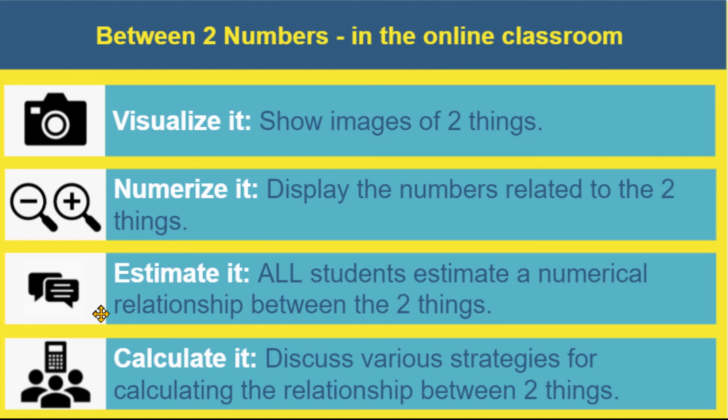Students will estimate it, and then we calculate together what are different ways that we could find that relationship between 2 things. And so this will bring us not only in the primary grades where we are counting how many non-standard units fill up an object, but it'll bring us into the middle school grades where we're really talking about proportional reasoning. So this is something that's important in primary, elementary, and middle.